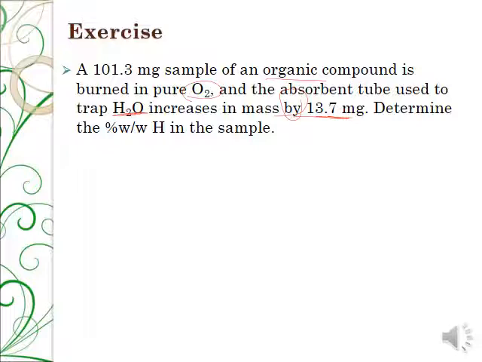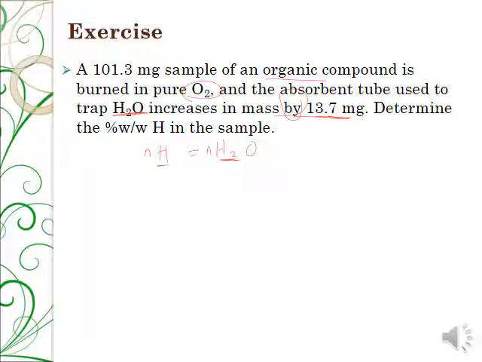Similarly to what we did in the previous example, the hydrogen is represented by the water vapor produced, H2O. So we use number of moles. Not here, stoichiometrically it's not balanced. There's 2 here, there's 1 here.